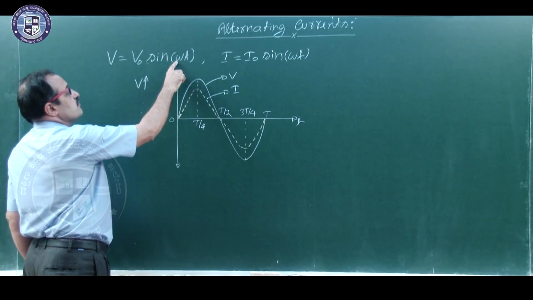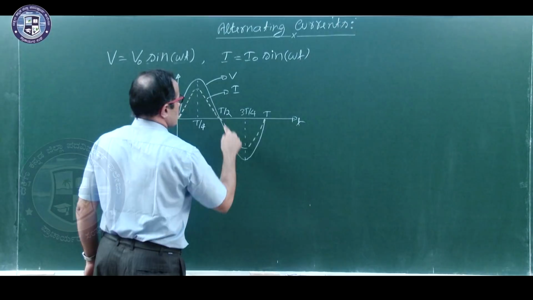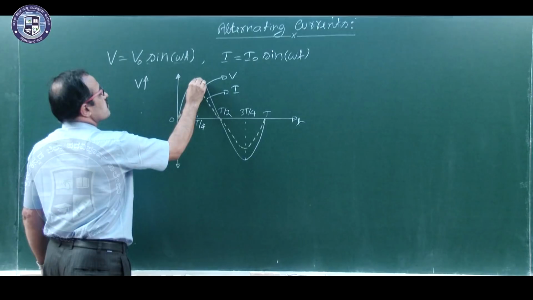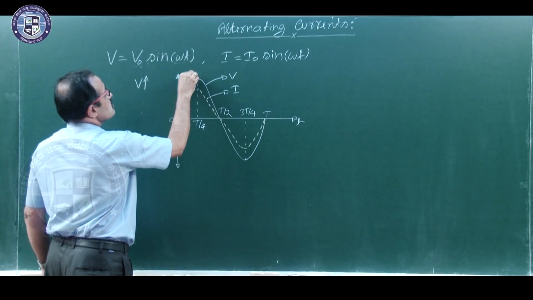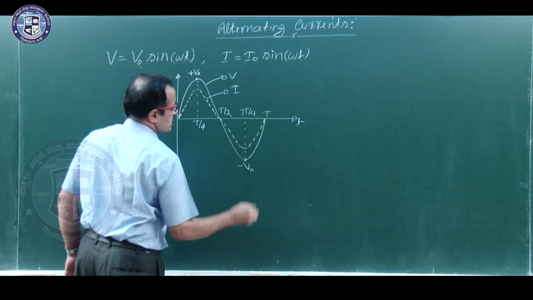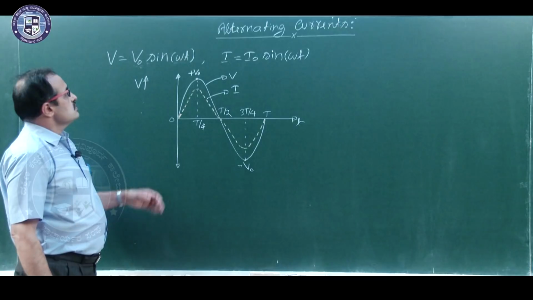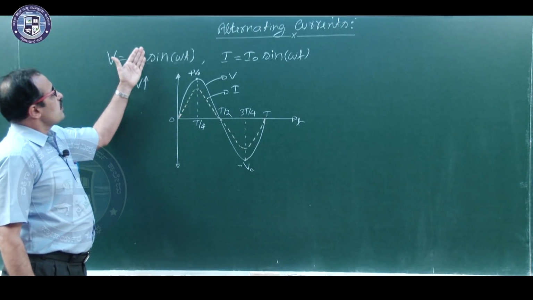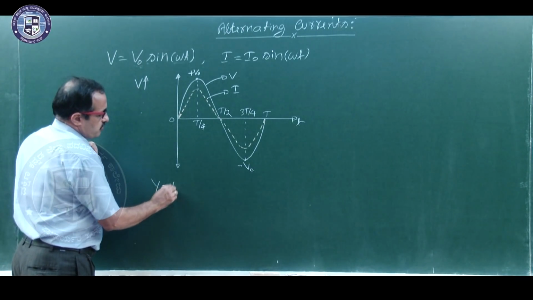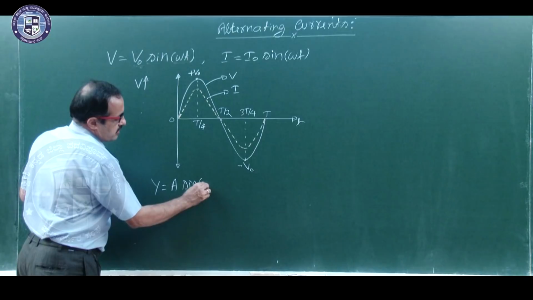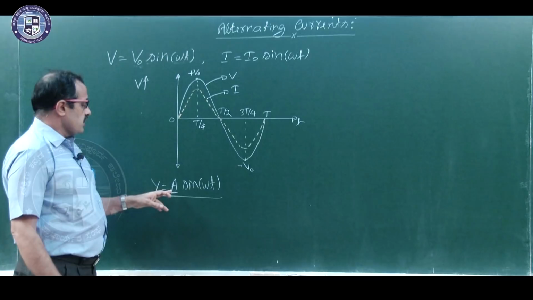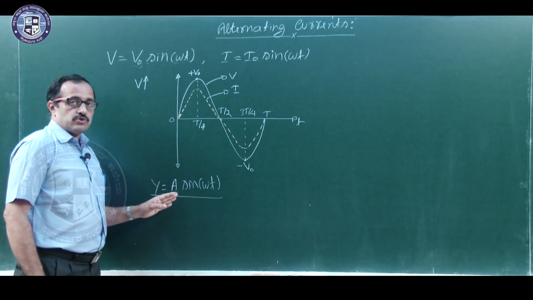Now, both have the same phase angle omega t, therefore the graph is alike for both. Now, this is plus V naught and here minus V naught. Look here, what is this V naught? I said in the beginning, SHM is represented by Y is equal to A sin omega t. What is this A in this equation? A is nothing but amplitude, that we already know.